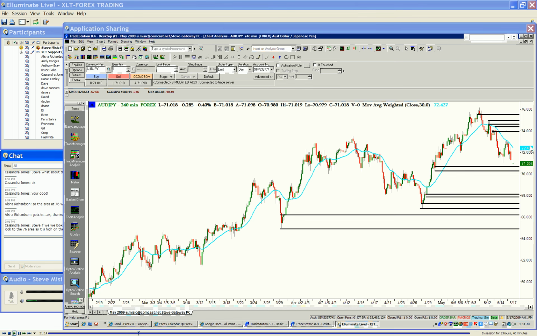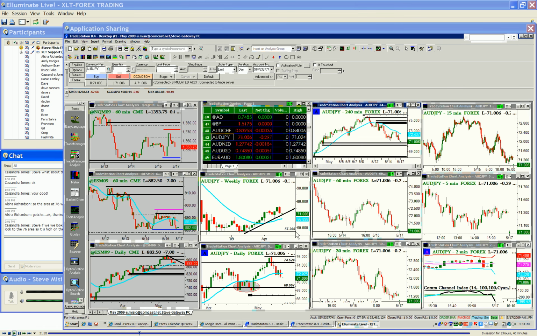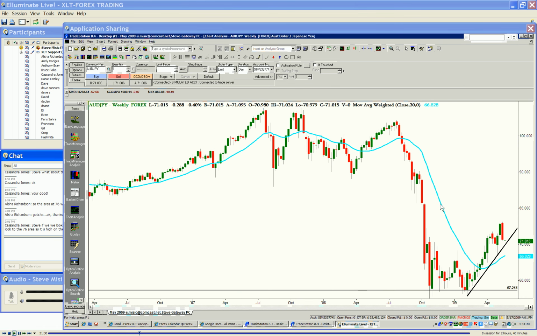Okay. Cassandra, if we were looking for a swing trade, set it and forget it setup, would we look at that 76 area as high on the curve? You sure could. That would definitely be high on the curve based on where we are here. The only problem is you can see on this chart, the weekly chart, looks like we just opened for business here.